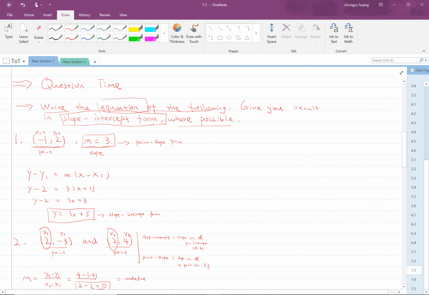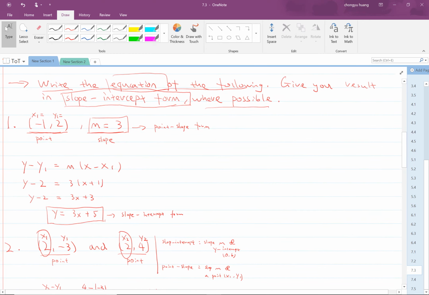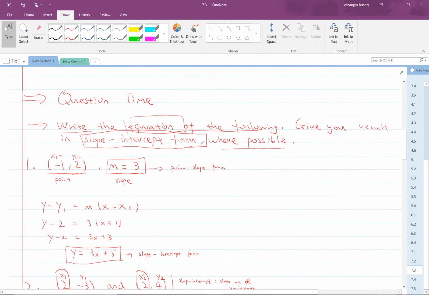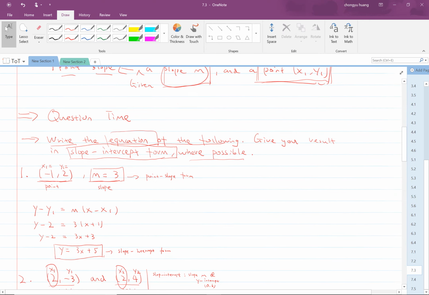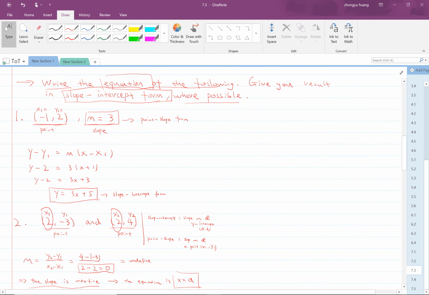We have been doing those different kinds of questions. Let me zoom in a little bit. We have been doing those different kinds of problems.